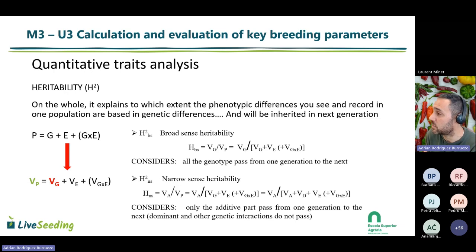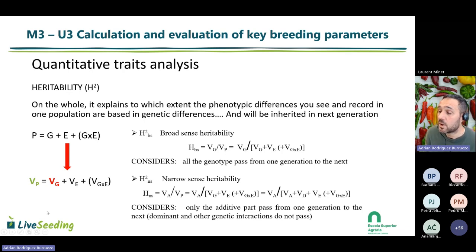Okay, this is important because when you perform selection, the only part that will be inherited from one population to the next is based on the selection. Only the genetic differences are inherited. So if you want to have a high response to selection, it is essential to work with high heritability traits.